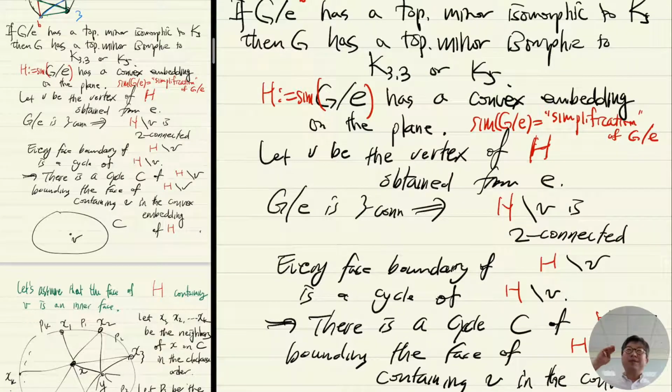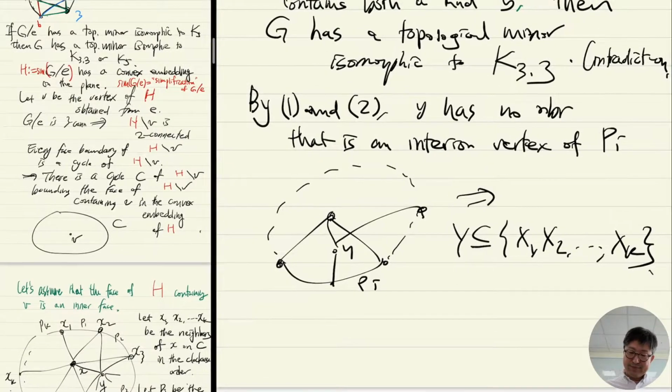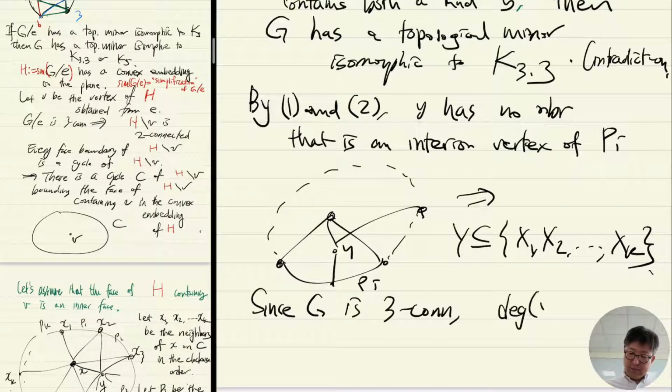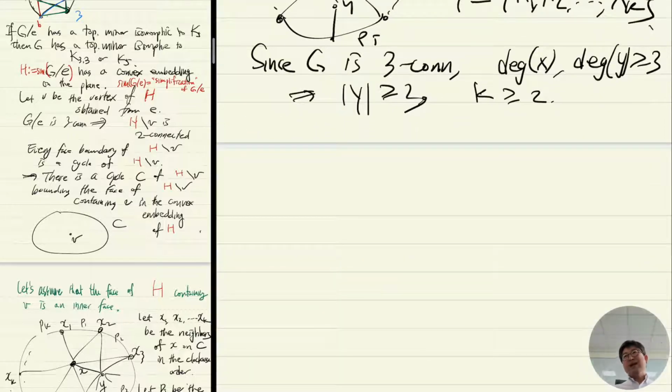No, okay. Graph G was 3-connected, right? G is 3-connected, so both x and y have a degree at least 3. So that means k is at least 2 and the degree of y is at least 2.